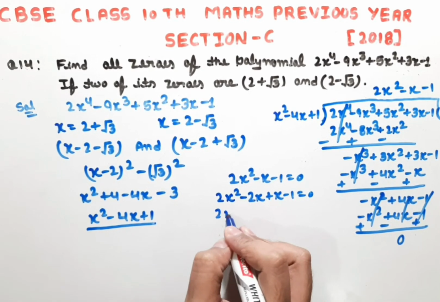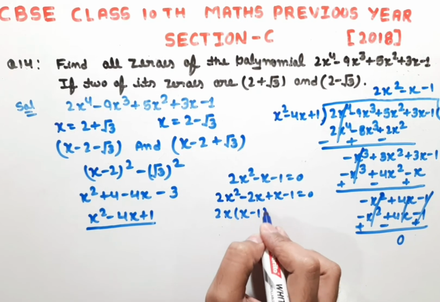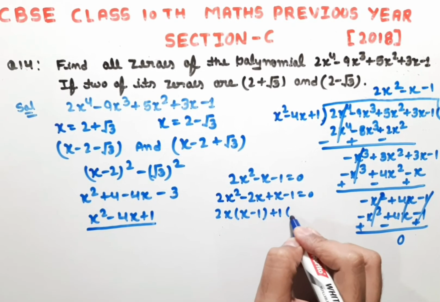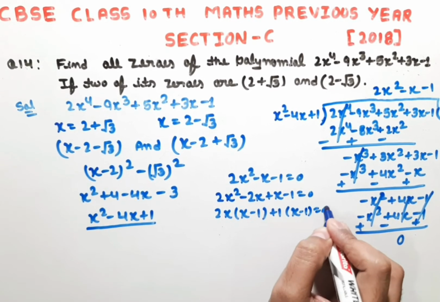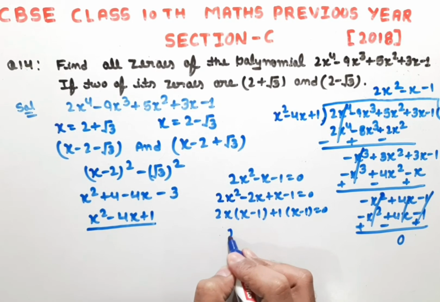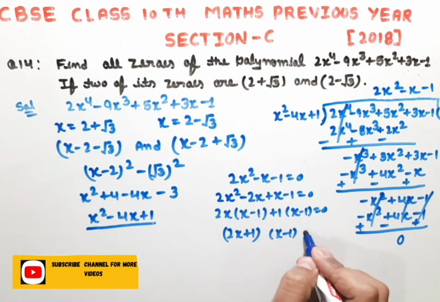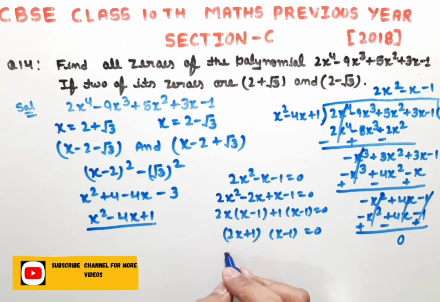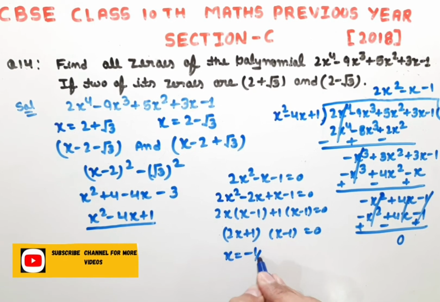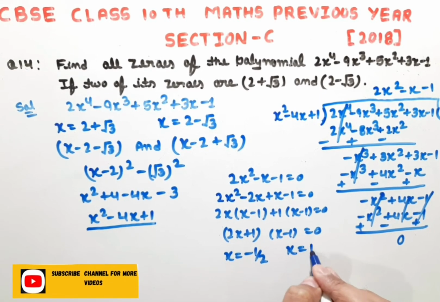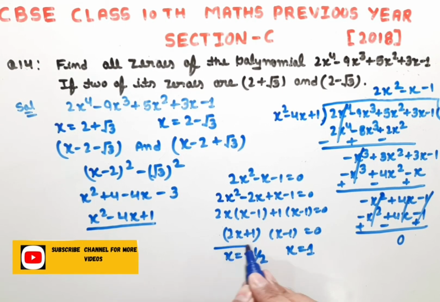From the first two terms 2x is common, x minus 1. From the last two terms 1 is common, x minus 1 equals 0. So our factors will be 2x plus 1 and x minus 1 equals 0. So our other two zeros will be x equals minus 1 upon 2 and x equals 1. This is our answer.